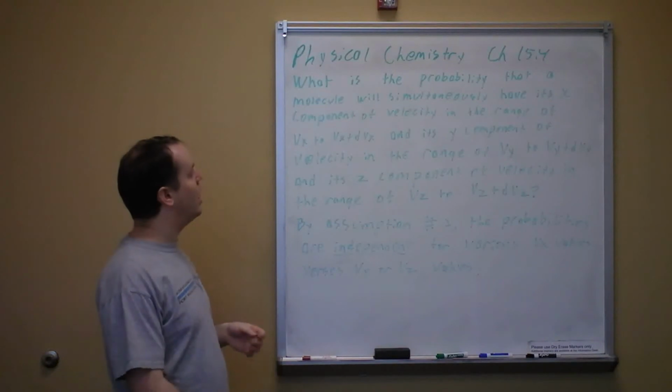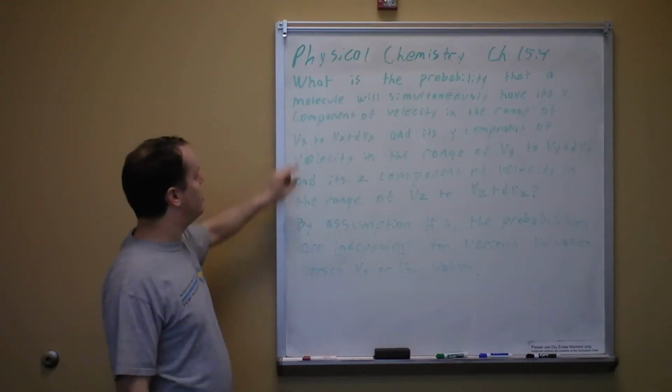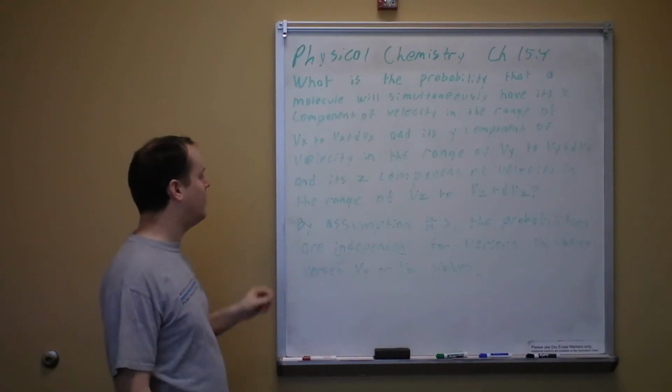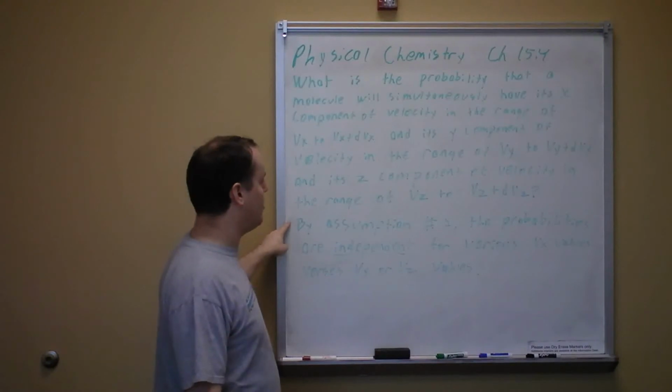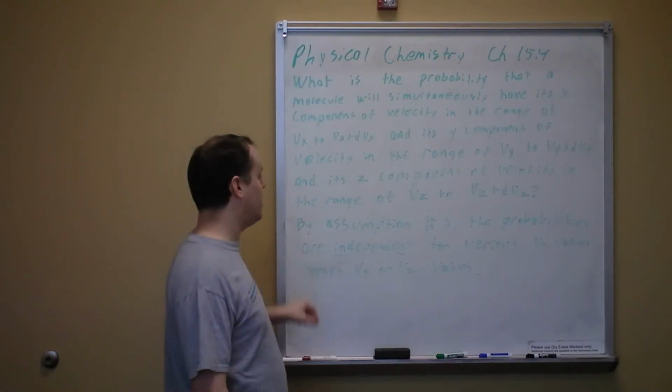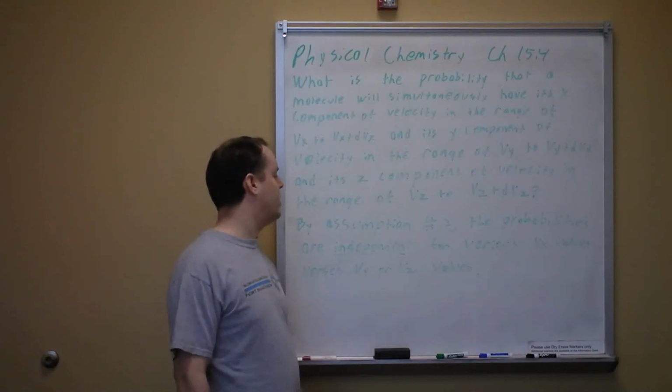Now remember that spherical shell we're talking about before. If you answer this question, you found 1 point on that shell. Now remember the 2 assumptions we made on the previous slide. The second assumption says that these 2 probabilities are independent for various values of vx versus vy or vz.